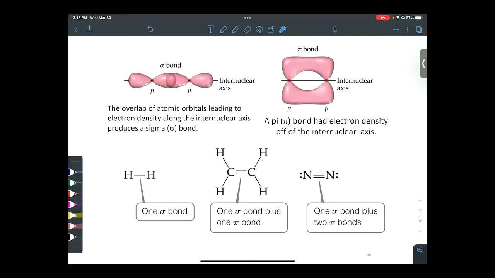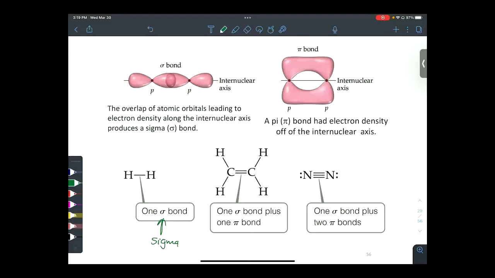So just to get some definitions out of the way, this is something you need to memorize. A single bond is 1 sigma interaction, right? So this is a sigma right there. And what that means, a sigma interaction is when, now we need to think, I told you that a bond is formed when orbitals overlap, but how can orbitals overlap?